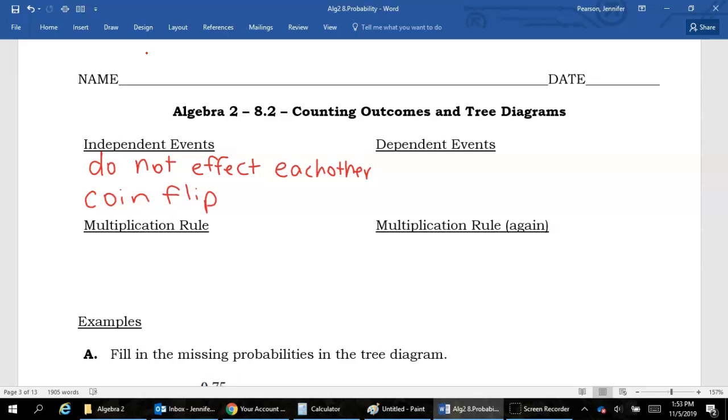Whereas a dependent event does affect the next. Events affect each other. And so that is best thought of as no replacement.